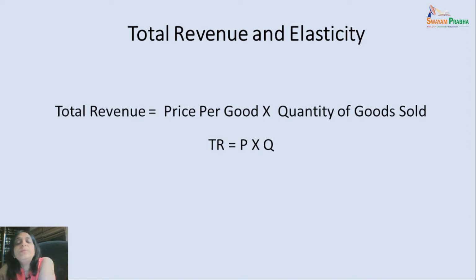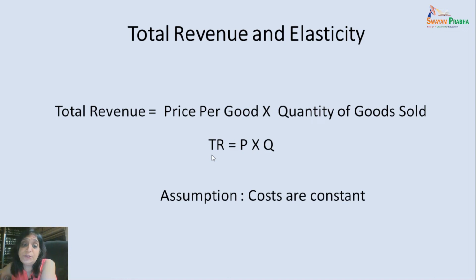Let us assume that the price of your product is 5 rupees. You are selling 10 units. How much are you earning from this? 5 into 10 means 50 rupees. So the price of the product multiplied by the number of units you are selling, or the quantity, is called total revenue.